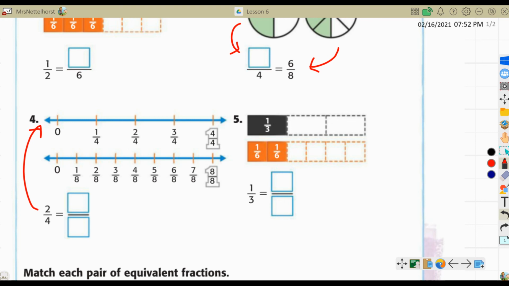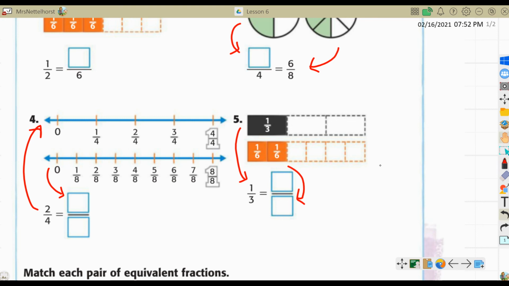So this number line will go with this answer right here. And then number 5, they gave you 1/3, and you are going to figure out the fraction that goes here. You will get a point for each of the boxes. It's worth only like 10 or 12 points, something like that.